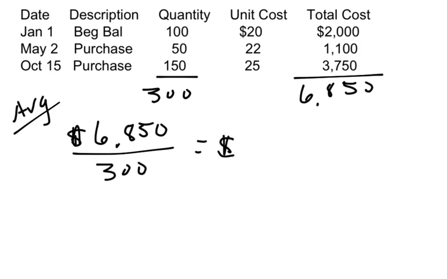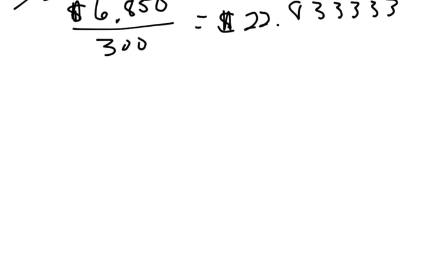So this comes up to a very messy figure. It's 22.8 with a lot of threes behind it. So I'm just going to put a couple of them for rounding purposes. Okay? So now if I want to know ending inventory, or if I want to know cost of goods sold, I'm just going to take this average and multiply it by those applicable units. So if I wanted to know ending inventory, we know that was 120 units.